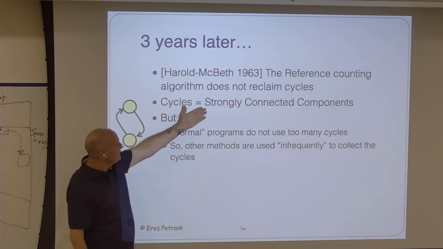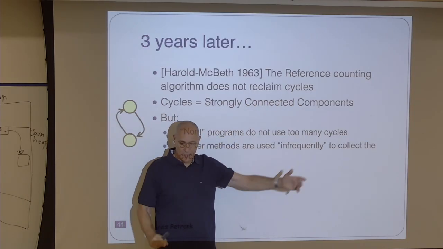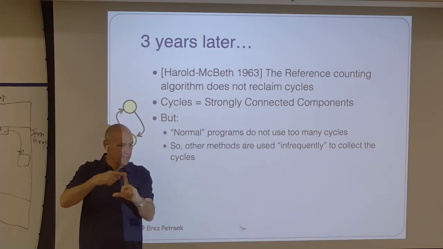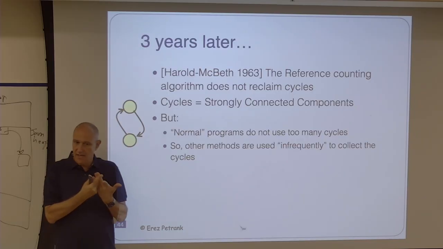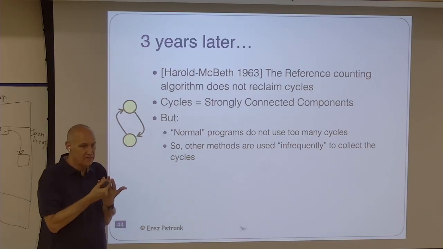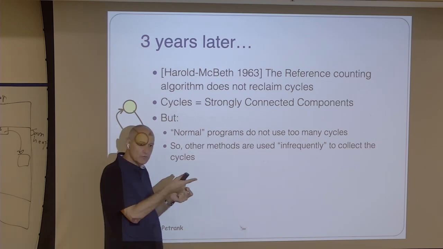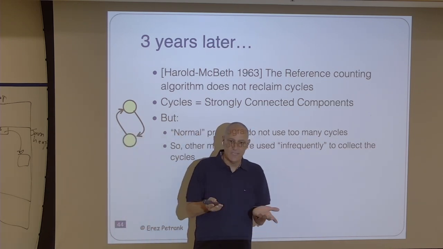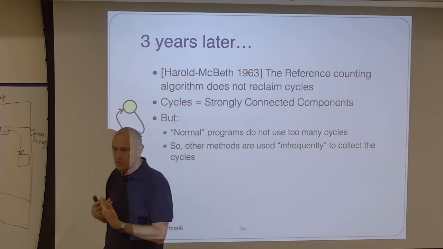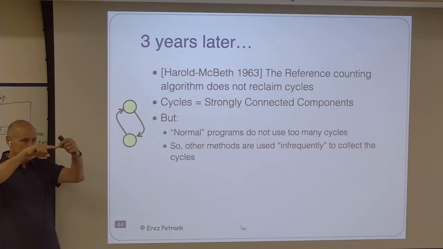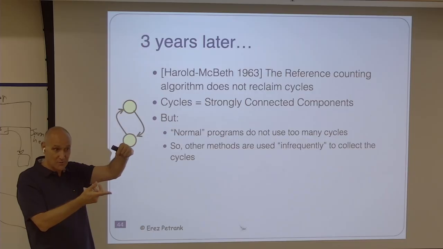But what does it mean that it doesn't reclaim cycles? If you have a cycle, even just two objects pointing to one another, even if they become unreachable, you will never have a reference count 0 for these two objects because they point to each other. And this is true for cycles, and it's true in general for any strongly connected component that you've seen in algorithms, where each object can reach with a path of pointers any other object.